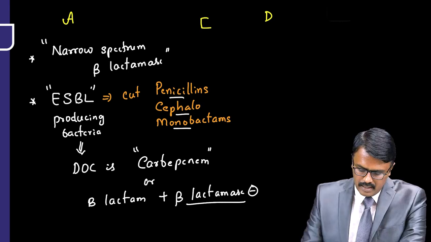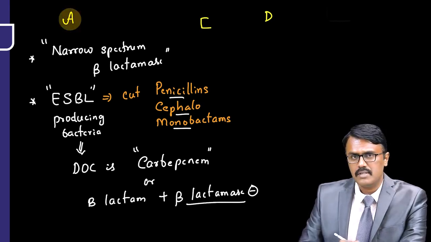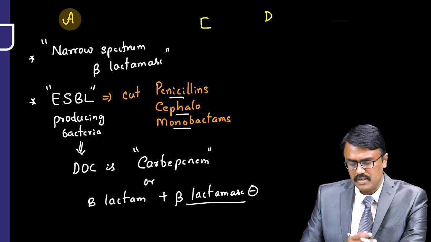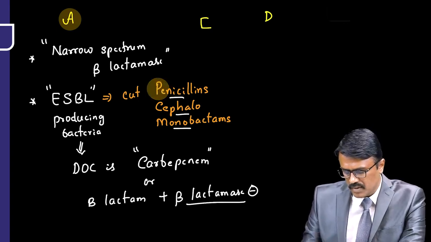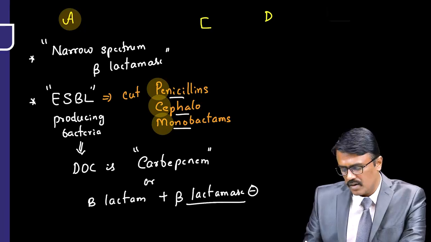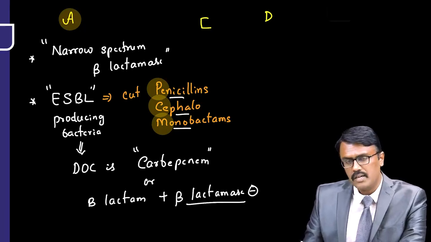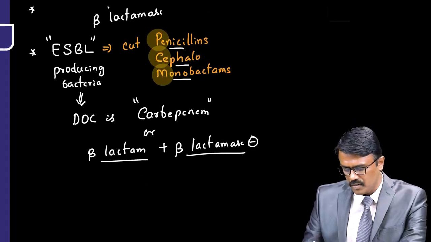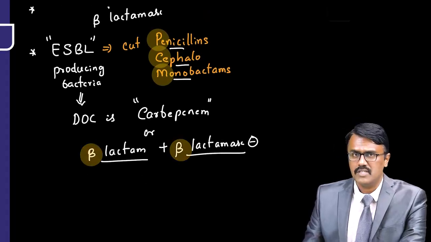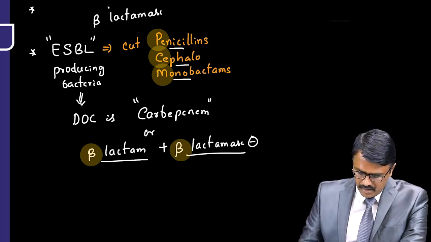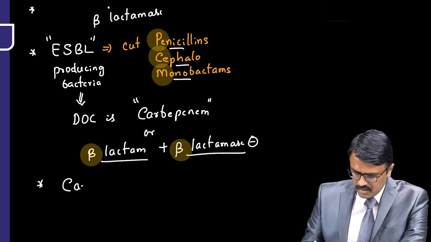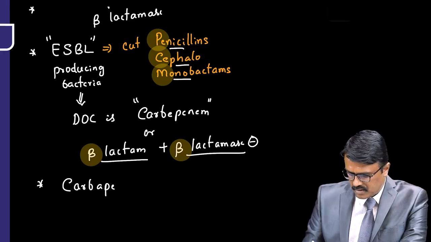So in category A, we have narrow spectrum beta-lactamase cutting only a few beta-lactams, and extended spectrum cutting penicillin, cephalosporin, monobactam, but not cutting carbapenem. That's why the drug of choice is carbapenem, or you can use a combination of beta-lactam plus beta-lactamase inhibitor. Now the problem is carbapenemase.